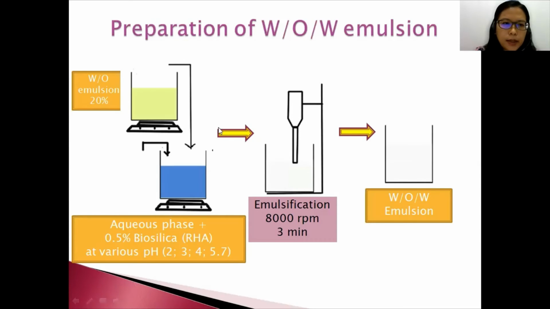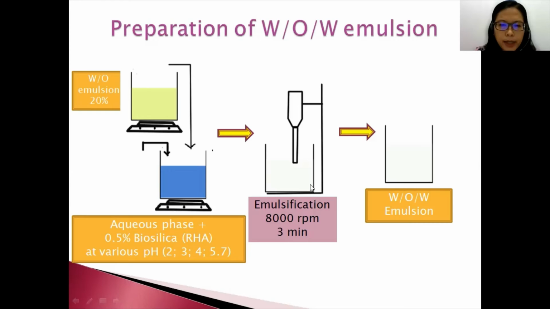And then the water-in-oil emulsion is further dispersed in the aqueous phase, which contains 0.5% biosilica, and the pH of this aqueous phase is adjusted to several values, for example 2, 3, and 4, while 5.7 is the pH of the mixture without any pH adjustment.